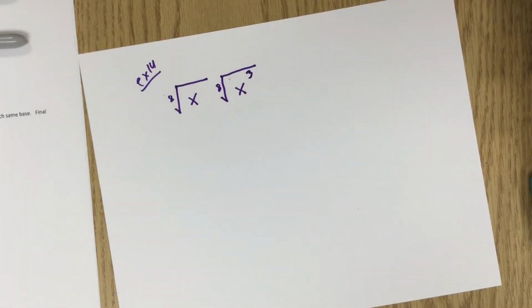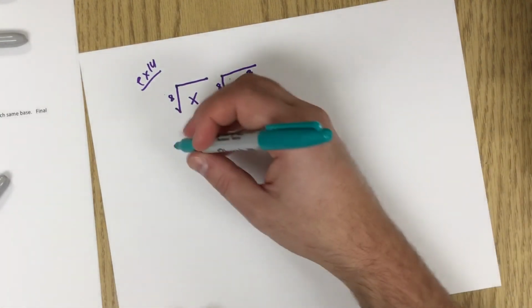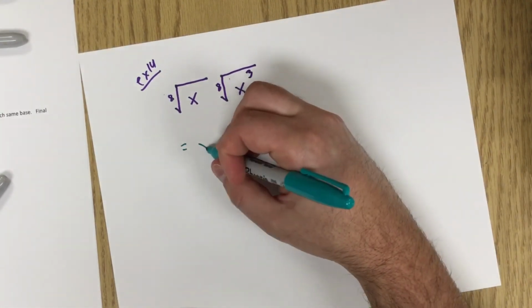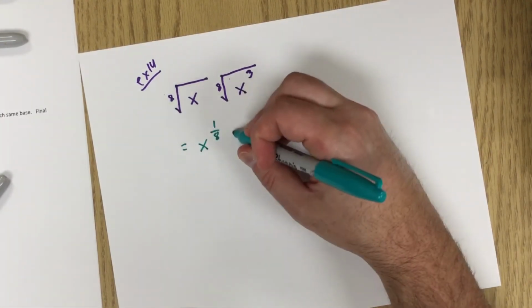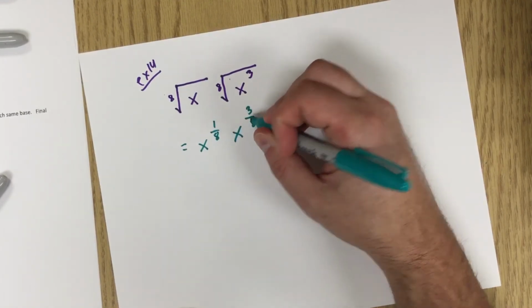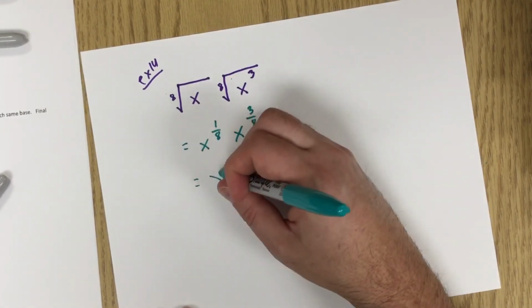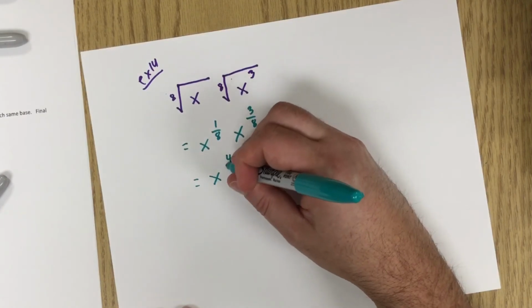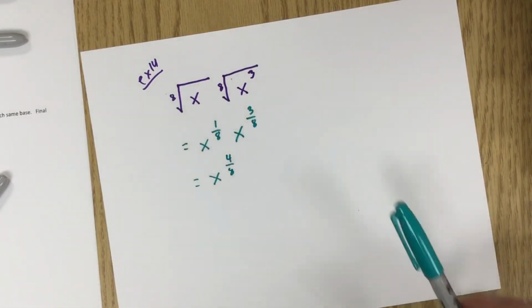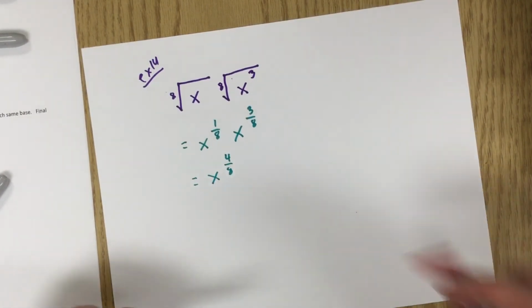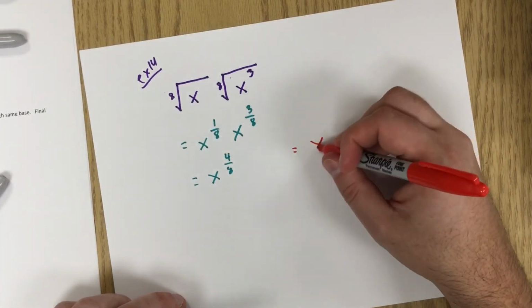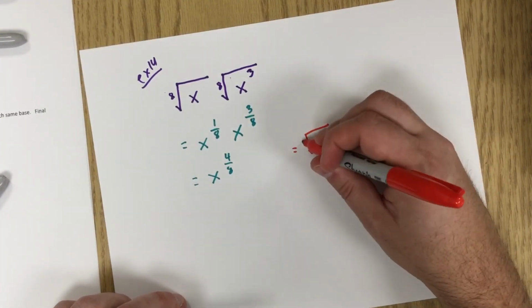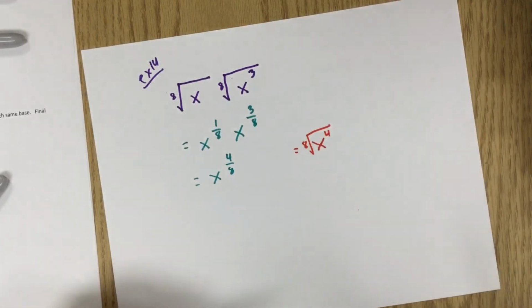That one is going to be equal to x to the 1 over 8, x to the 3 over 8, which is x to the 1 plus 3 over 8, which is x to the 4 over 8, which we would write as the 8th root of x to the 4.